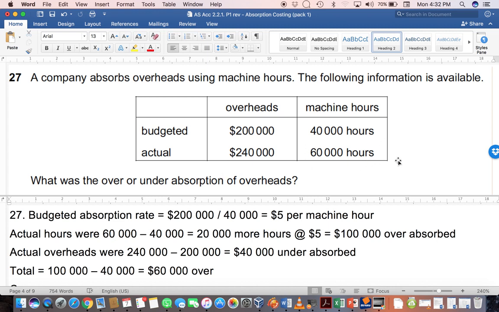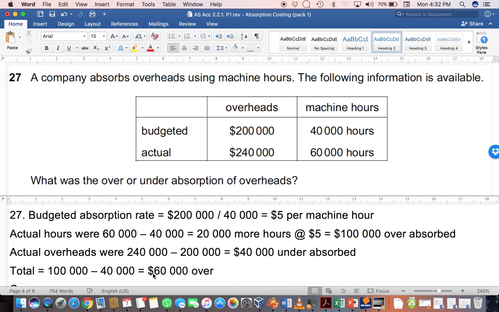However, the actual overheads were also higher than expected. And if you were using a lot more machine hours, one can actually understand how this could certainly be the case. But what this means is that you went over budget by $40,000, and therefore this extra $40,000 overheads would not have been absorbed, and you would therefore be $40,000 under absorbed.